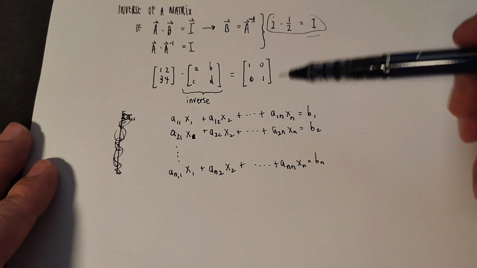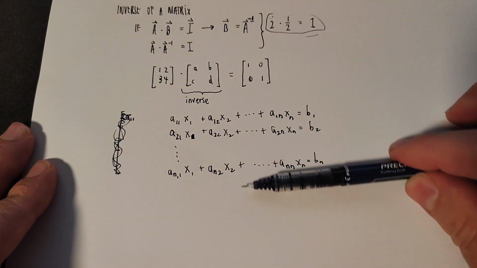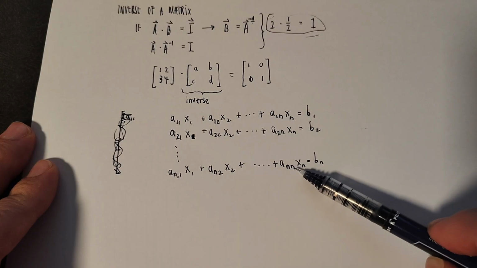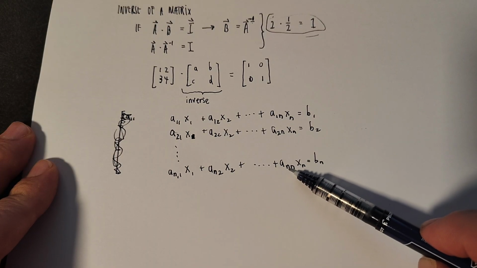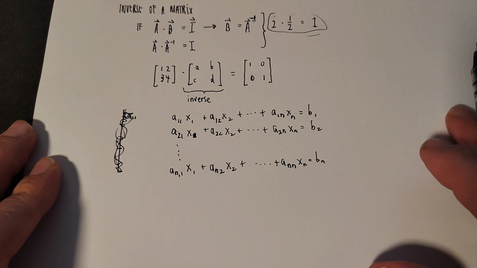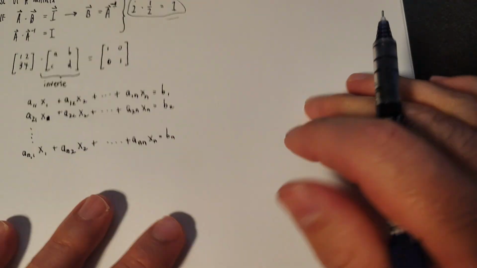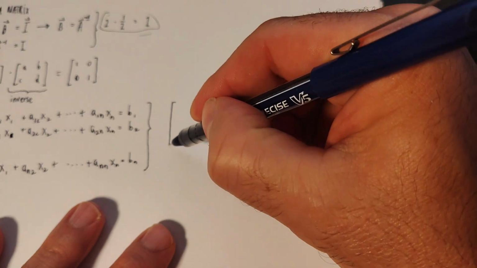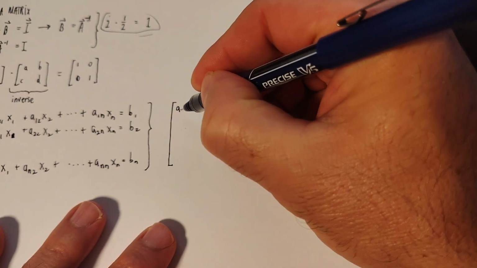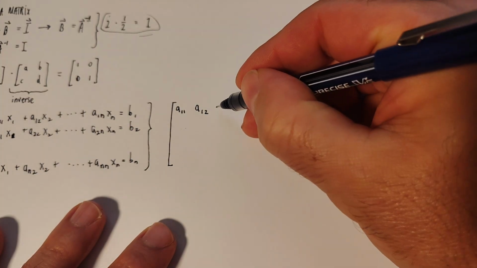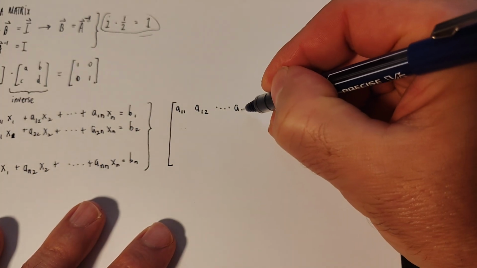So if we've got 4 equations, we're going to have 4 unknowns. So you can see this is going to be 4 by 4. Row 4, column 4, that entry there. When we took this and wrote the system in matrix form, we had it as a1,1, a1,2, all the way out to a1n.